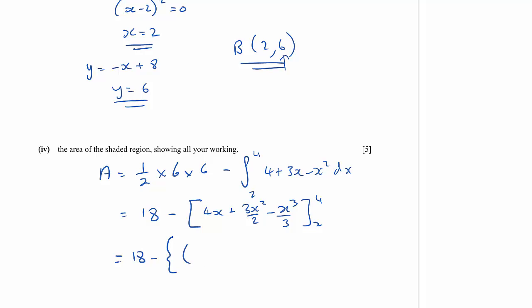So using the top limit, we're going to get 16 add 3 times 16 is 48. 48 divided by 2 is 24. Take away 64 on 3. Take away, if 2's in there, that's going to be 8. 3 times 4 is 12, divided by 2 is 6, plus 6. Take away 8 over 3.